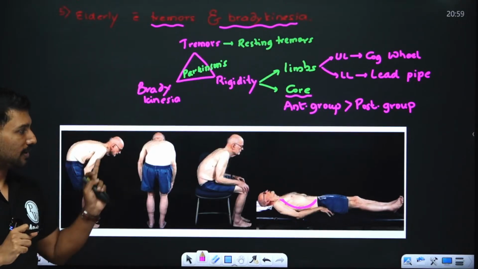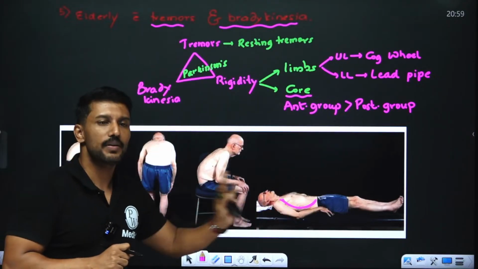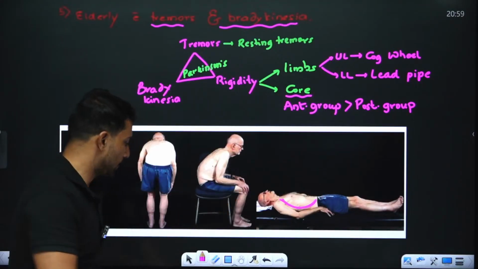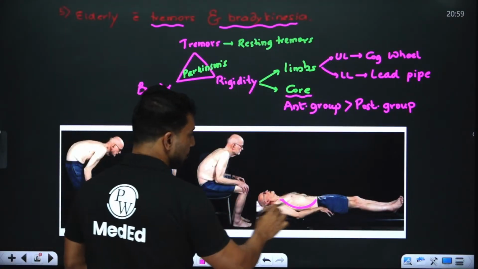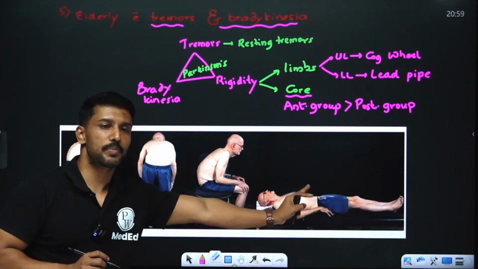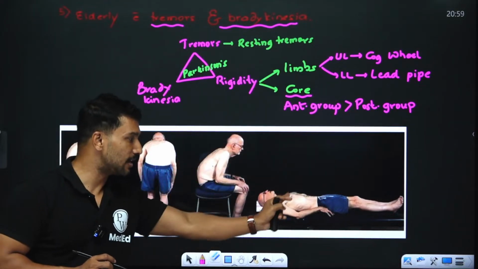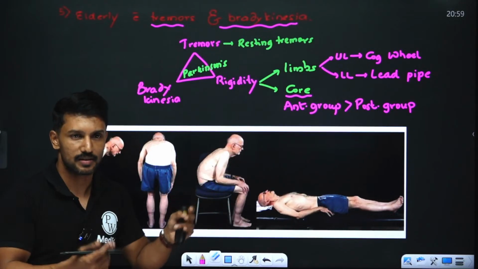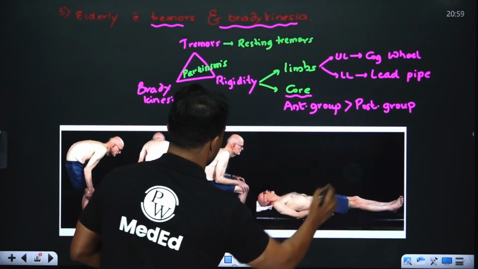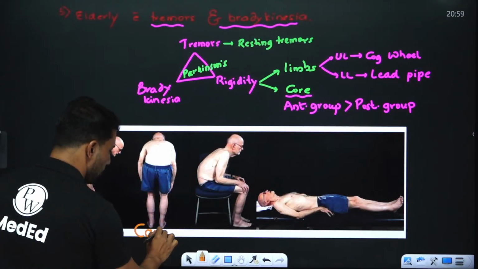But if it is because of Parkinson's disease, that curvature will disappear, because gravity will pull it back and correct it when he lies down. So when that disappears, it is suggestive of Parkinson's disease. If the curvature persists, it is suggestive of true spinal deformity. And when that deformity disappears in Parkinson's disease, we call it camptocormia. So this sign is called camptocormia.